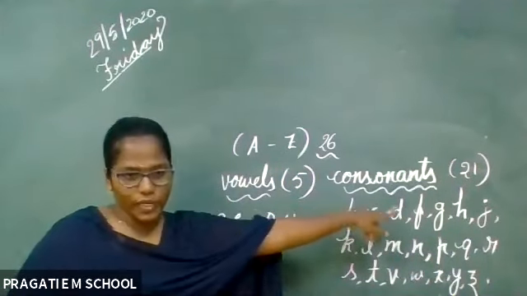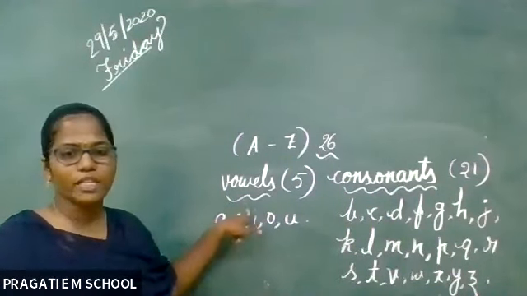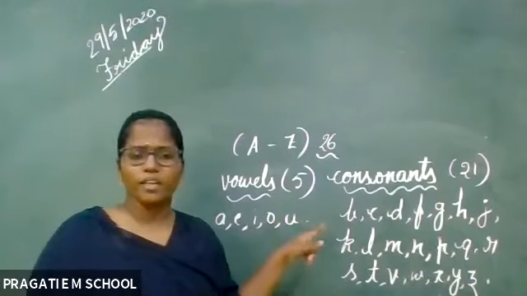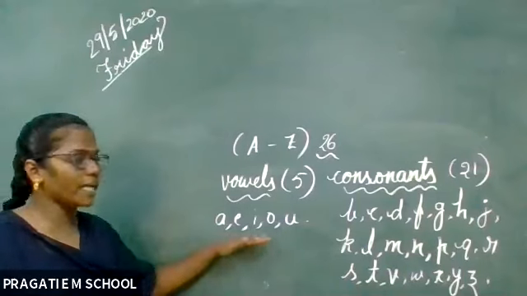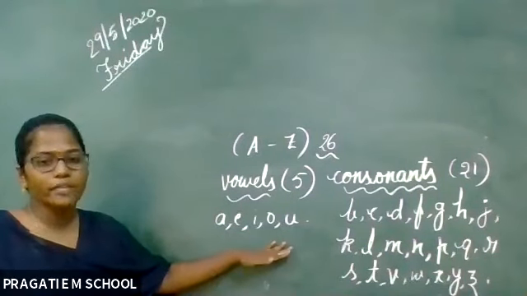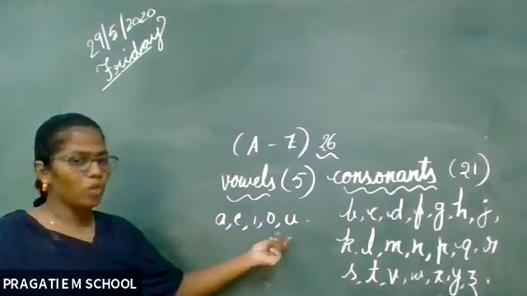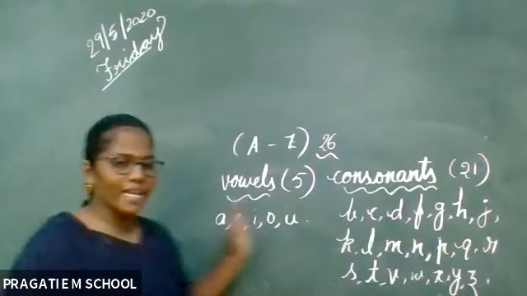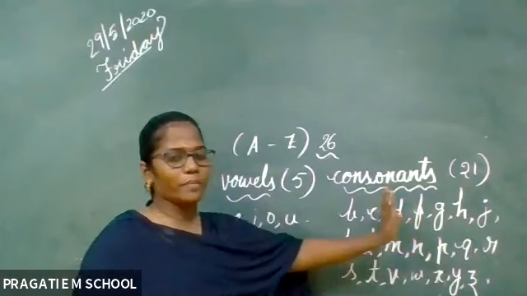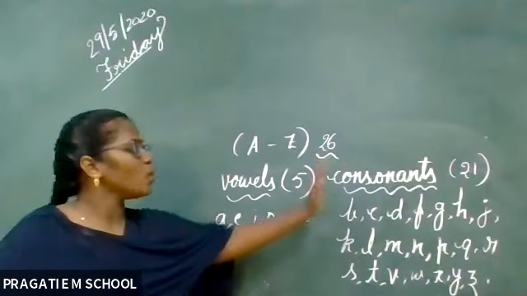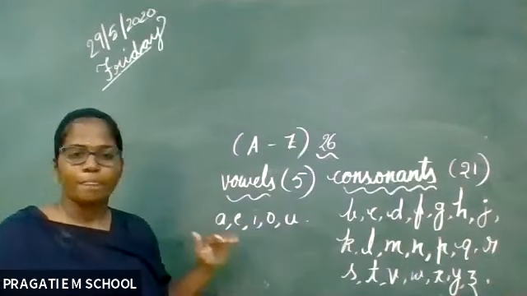All the remaining letters except A, E, I, O, U will come under consonants.